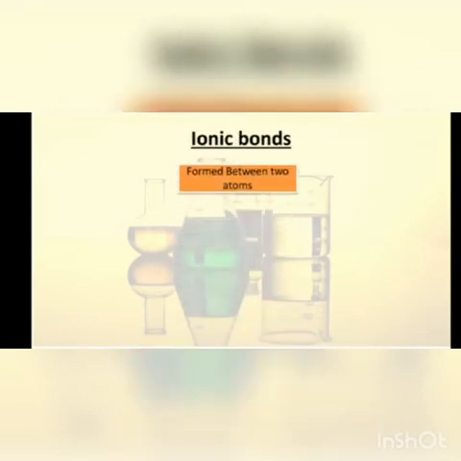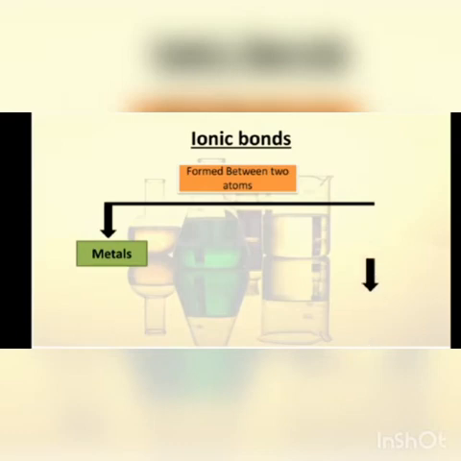Ionic bonds are formed between two atoms. What kind of atoms? The first one is metals, the second one is non-metals. It means in an ionic bond, these two atoms, the first one will be metal and the other one will be non-metal. These metals and non-metals react with each other. How do they react?